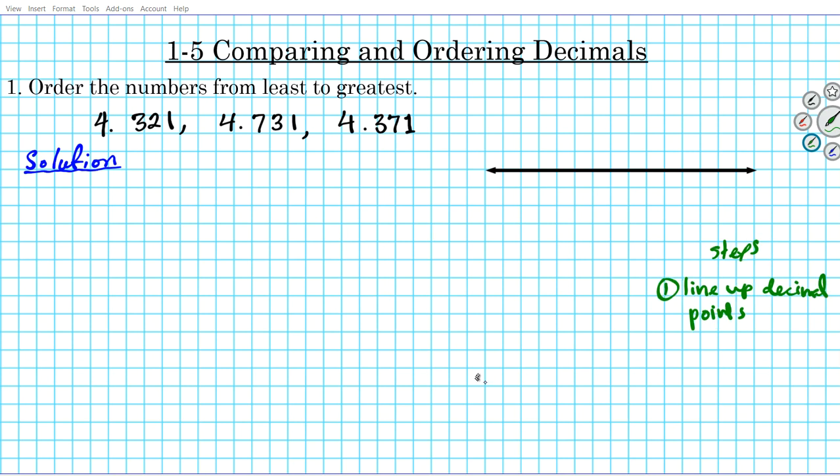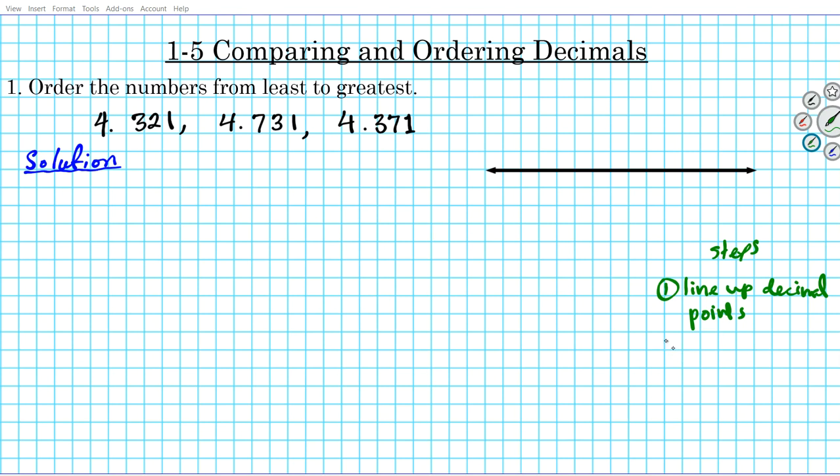The reason why you're lining up the decimal points is you want to ensure that digits in identical place values line up vertically. So you want to make sure you're comparing the ones, the tenths, the hundredths, and the thousandths. That's why you line up the place values.